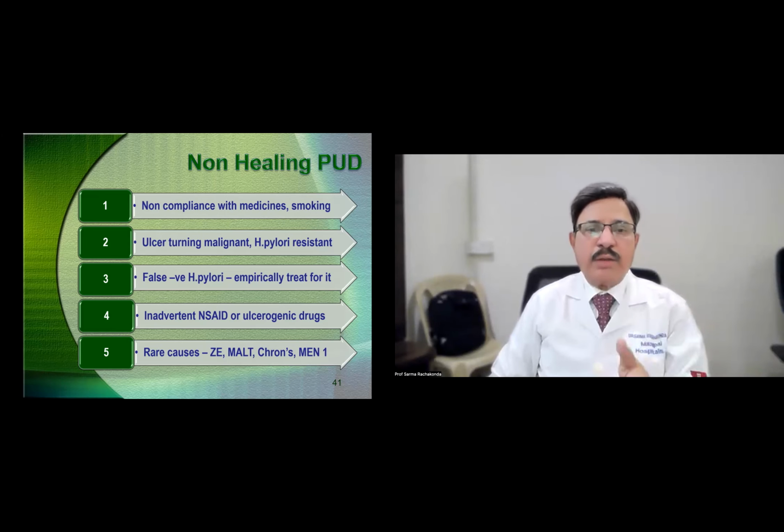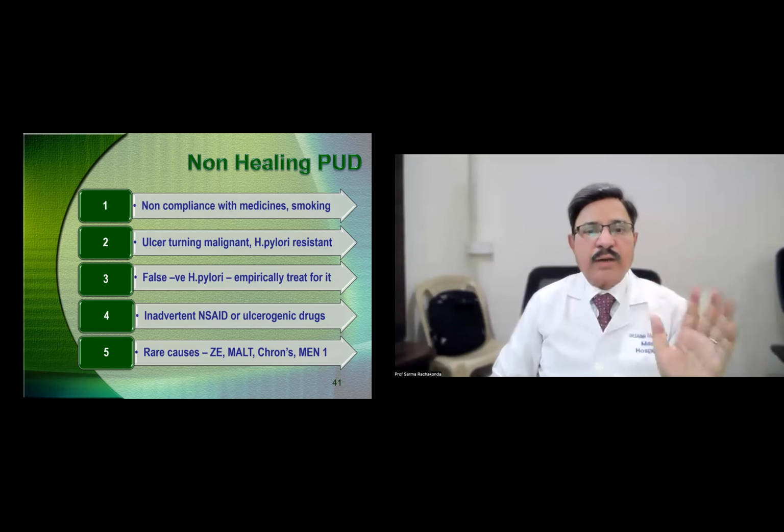There may be other missing causes. Another thing is, he is continuing to use NSAIDs which are ulcerogenic. Other ulcerogenic drugs and NSAIDs are being used with the result the ulcer is not healing. These are the 4 common causes: non-compliance with medication, continuation of smoking, ulcer turning malignant, H. pylori not responding and resistant, and false positive H. pylori, empirically you have treated for it, and inadvertent use of the concomitant NSAIDs and ulcerogenic drugs.